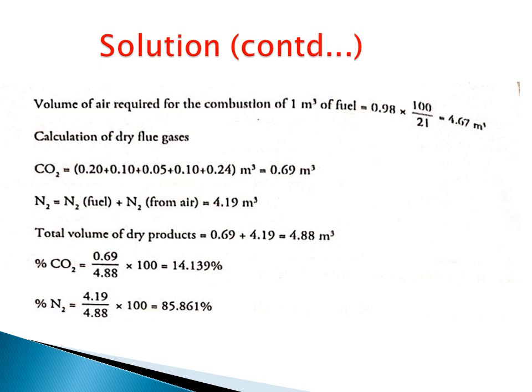So 0.69 upon 4.88 into 100, that is 14.139%. Similarly, percentage nitrogen will be total nitrogen produced upon total flue gases into 100. 4.19 upon 4.88 into 100, that comes out to 85.861%.